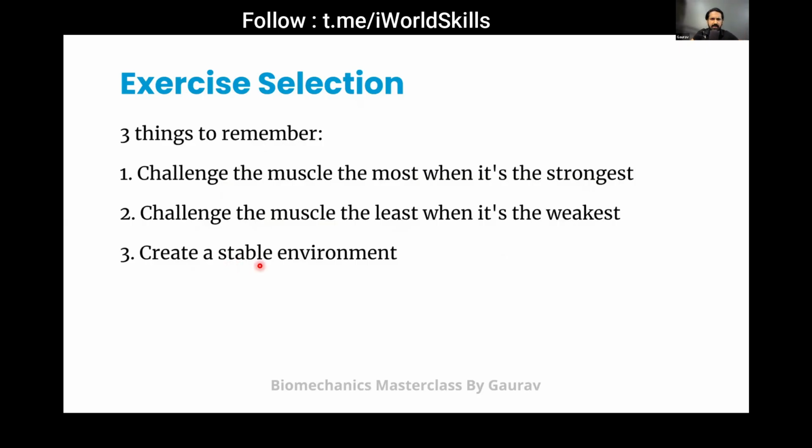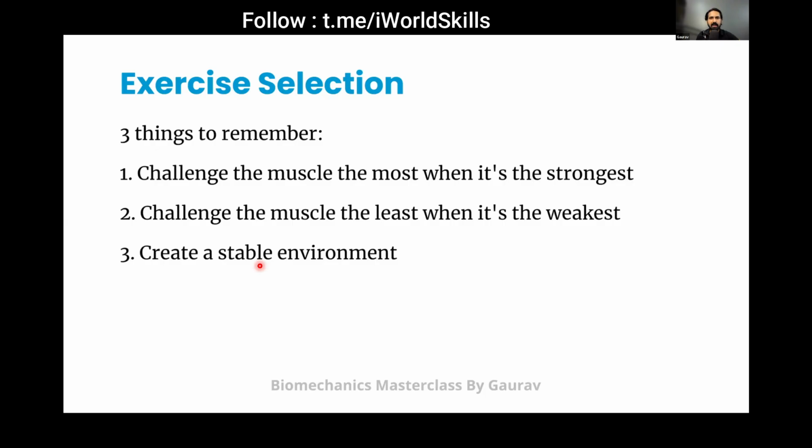What do I mean by creating a stable environment? So let me give you 2 scenarios. Let's say I choose to do an overhead dumbbell press to train my deltoids. There are 2 ways that I can perform this. First setup is that I'm sitting on a bench with a back support and performing my overhead dumbbell press.